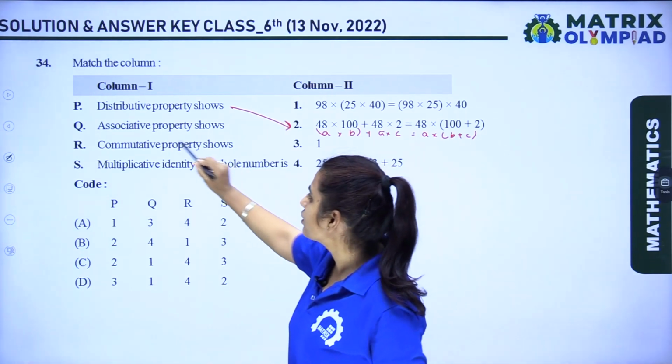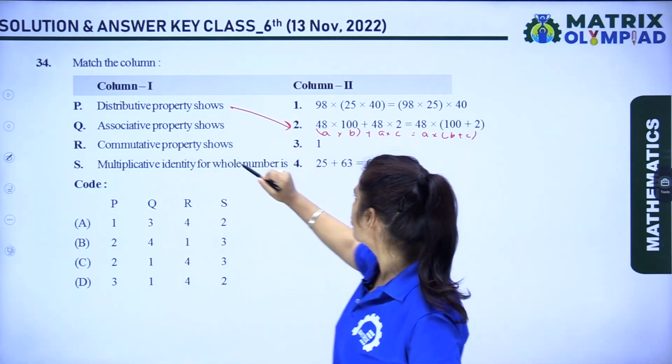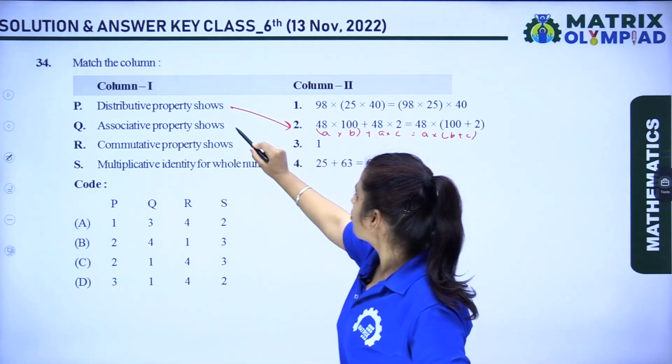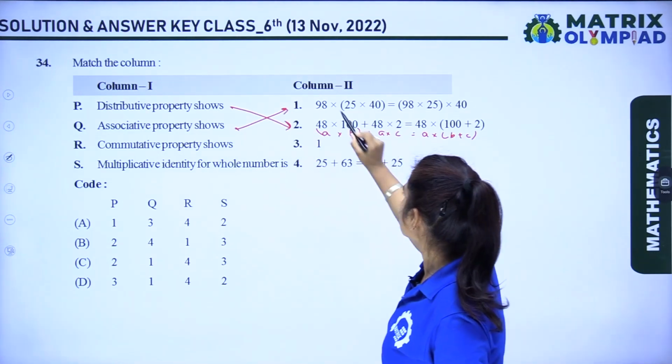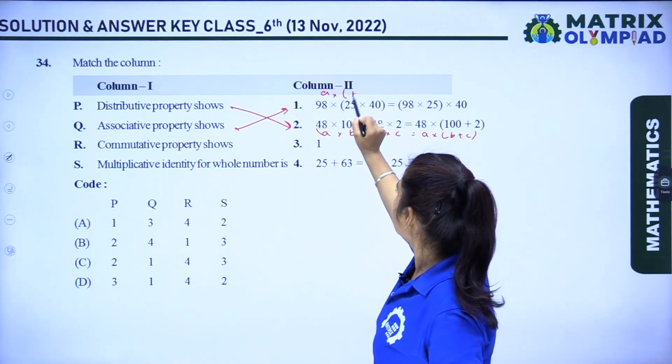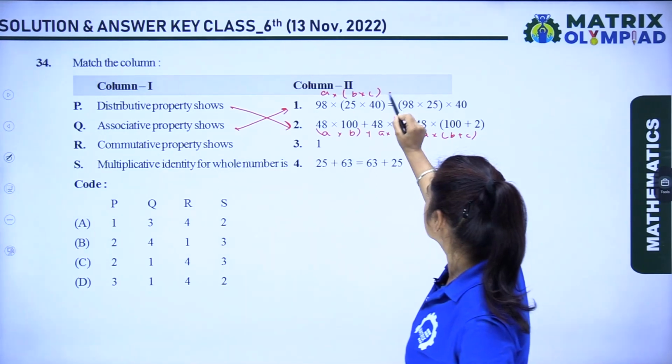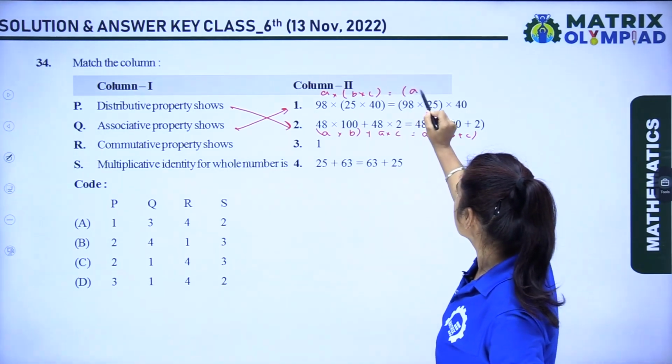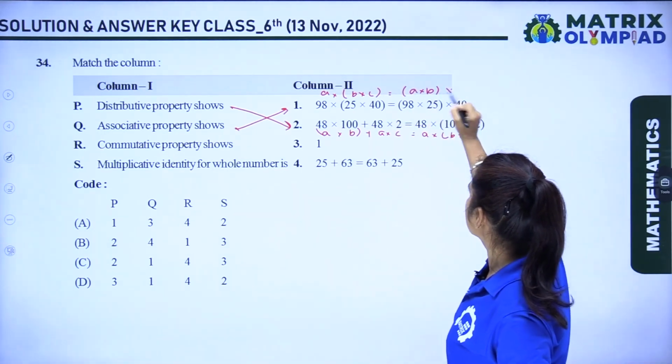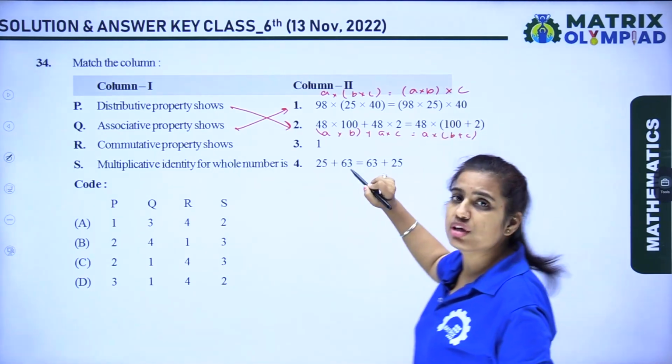Now the next is associative property. Here associative property is the first one, A multiplied by B multiplied by C is equal to A multiplied by B multiplied by C. This is the associative property.